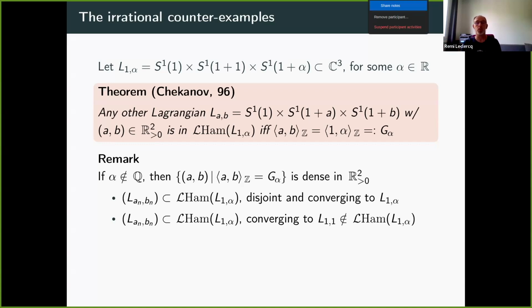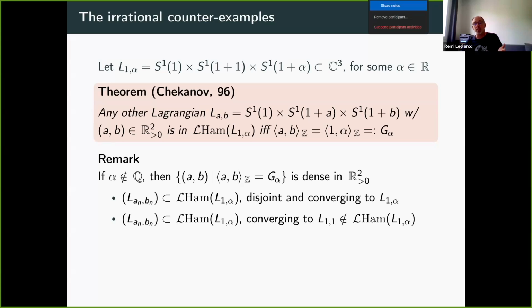Okay, we don't want C3, we want M of dimension at least 6. So first you go from C3 to Cn by multiplying by a standard torus, S1 of capacity 1 times S1 of capacity 1 and so on, n minus 3 times. Then you want to do exactly what I did at the very beginning with my two circles, saying I can do this in a small neighborhood and then embed this anywhere.